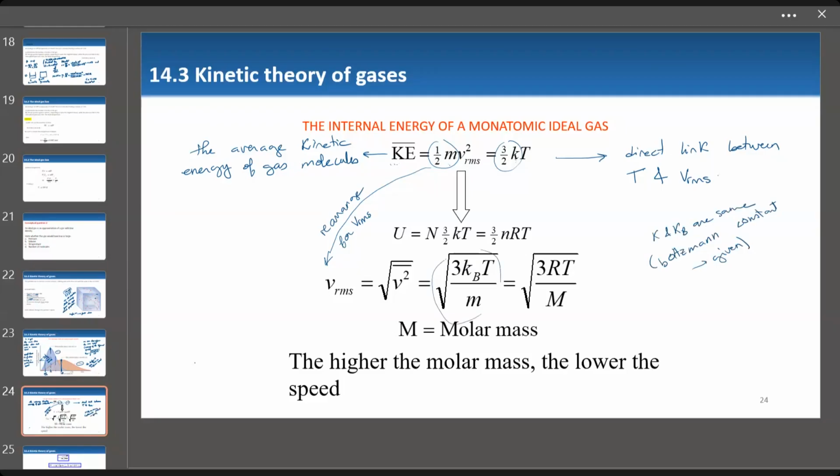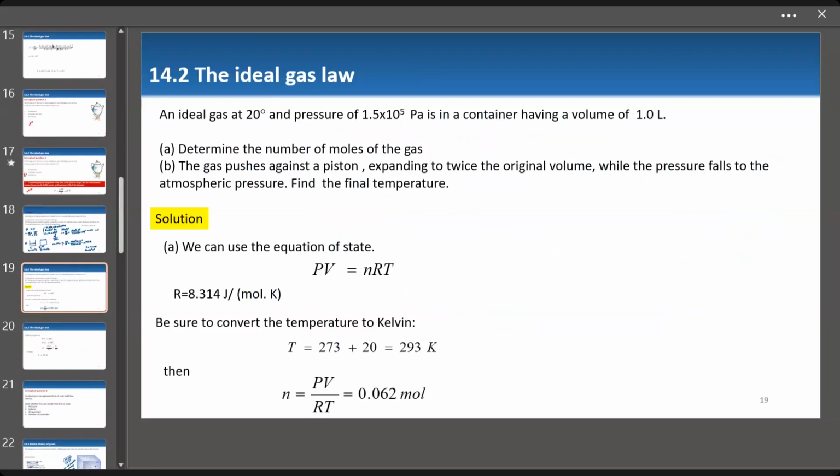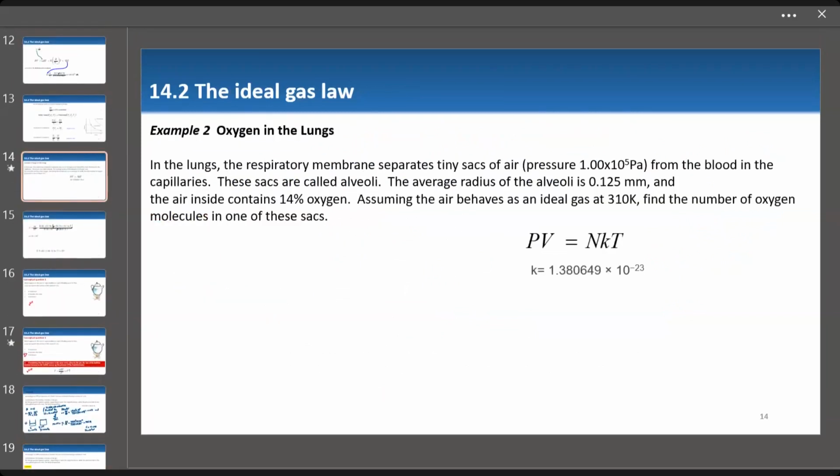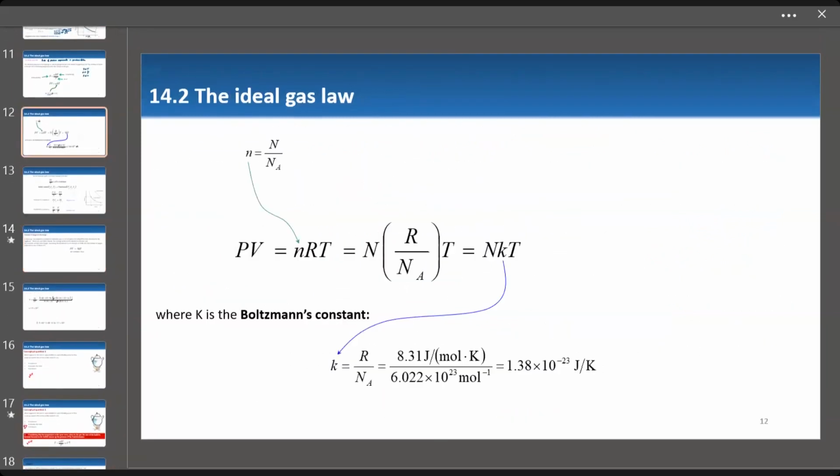Now, the Boltzmann constant, by the way, has a relationship with the gas constant, which I think we did in a previous slide. Let me look it up. Here it is.